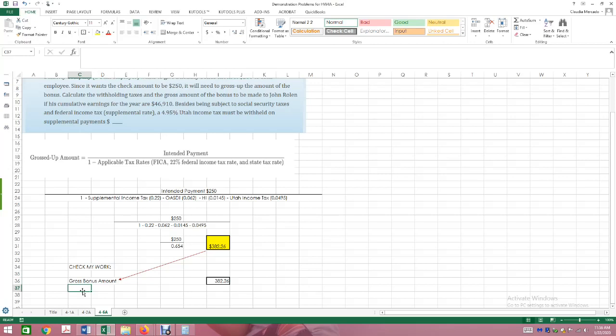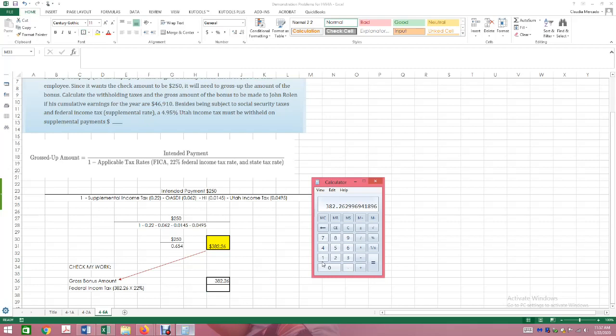Then I am going to deduct my federal income tax. The rate provided was 22%. So it'll be 382.26 times 22%. Let's see what that gives me.